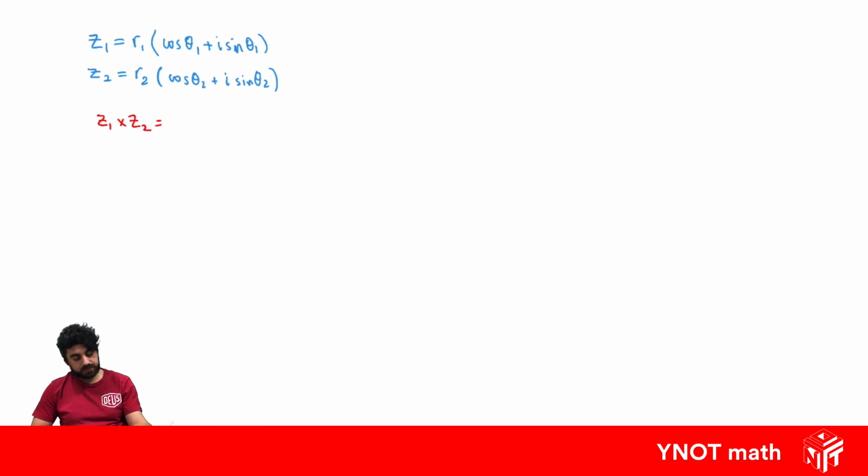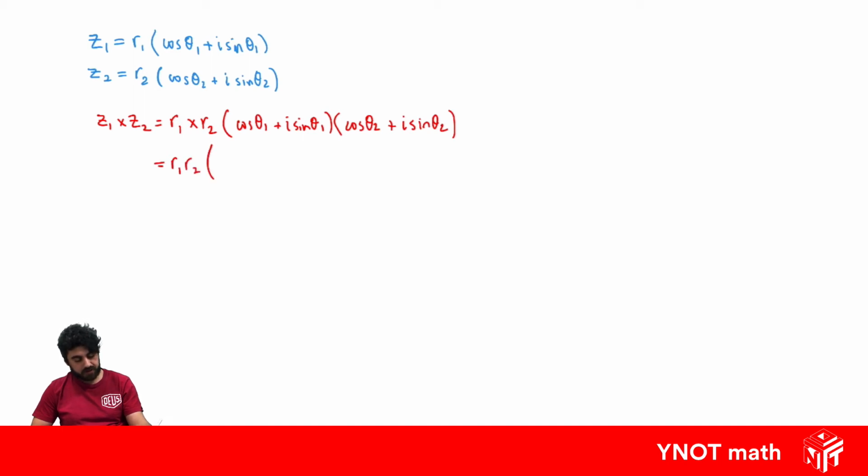This is going to equal r1. Let's times the r's together. So we'll have r1 times r2. And then we want to multiply our brackets together. So we'll have cos theta 1 plus I sine theta 1 times cos theta 2 plus I sine theta 2. Let's go ahead and expand those brackets. So we'll have r1, r2.